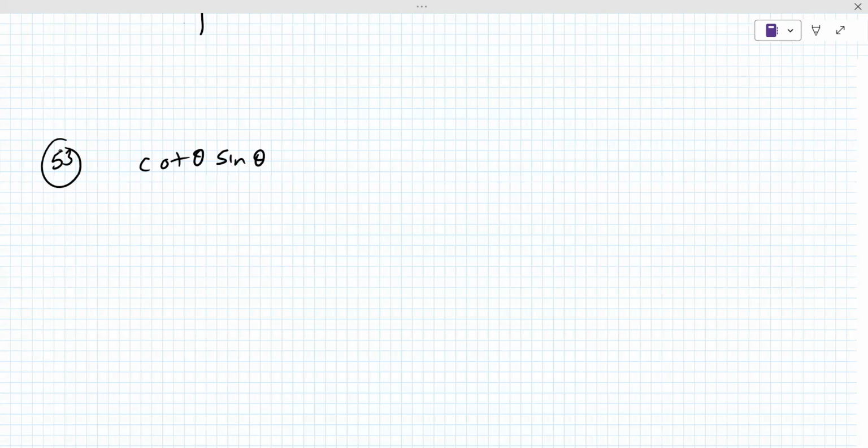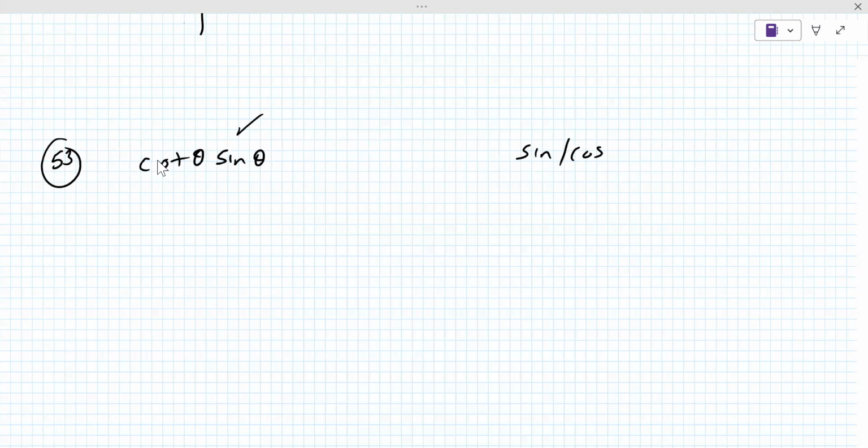So would you do cotangent times 1 over cosecant? You really want to turn everything into sine and cosine. If it's already sine, you keep it as is. The cotangent should be manipulated because it's not sine or cosine.